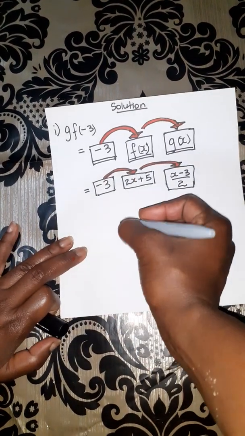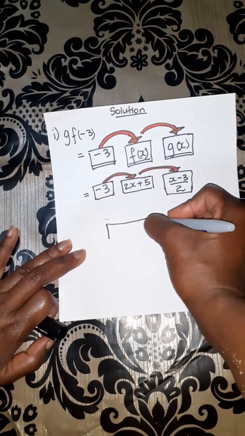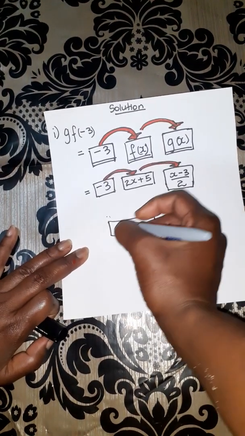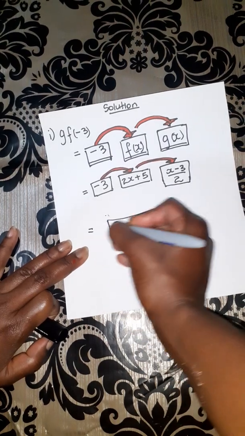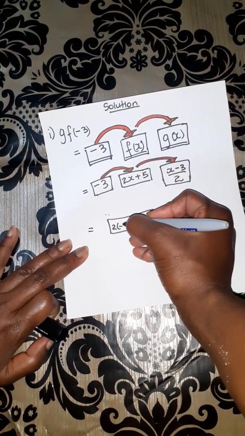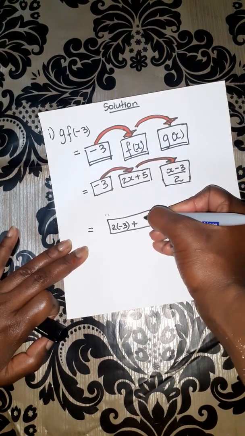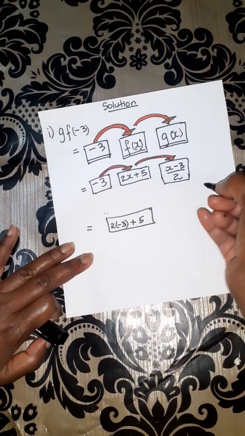All right, so let's go. I'm going to be using my boxes again. Lovely boxes. This time 2 is not being multiplied by x, because x is being replaced with negative 3.